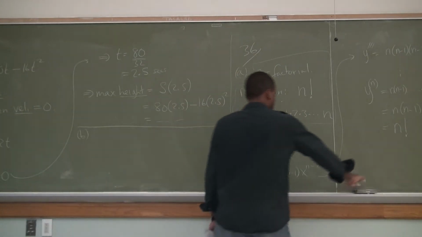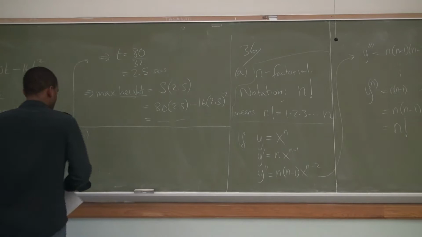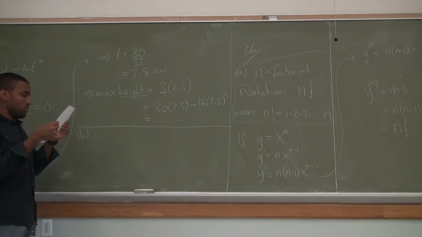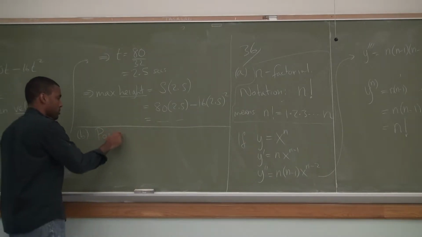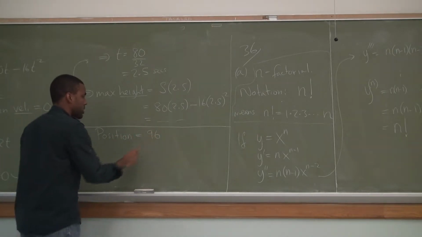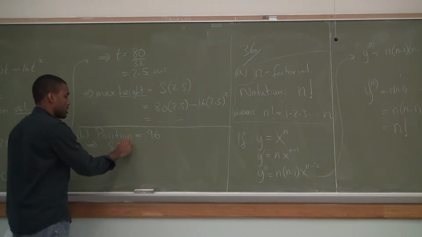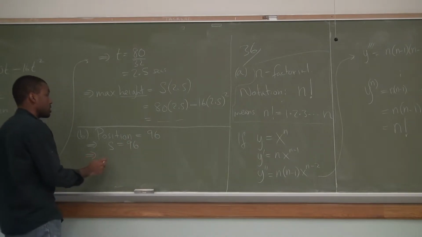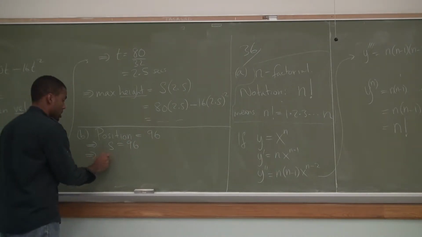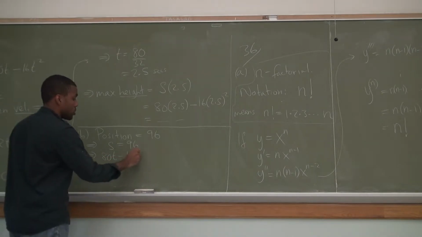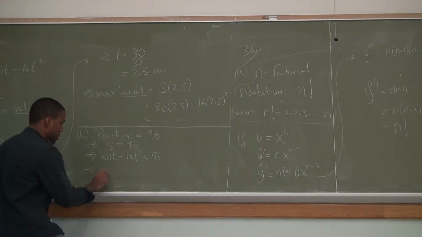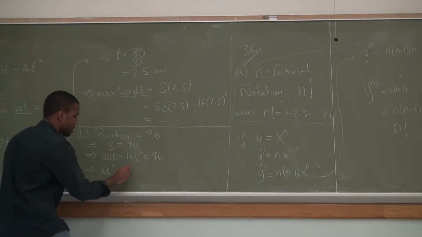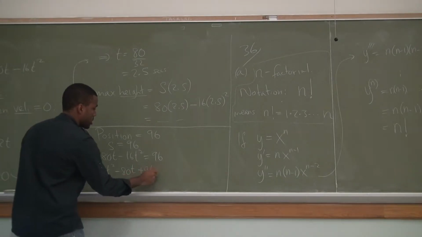Okay, here is A. We know that the position S is equal to 96. This means that 80t minus 16t squared equals 96, which means that 16t squared minus 80t plus 96 equals 0.